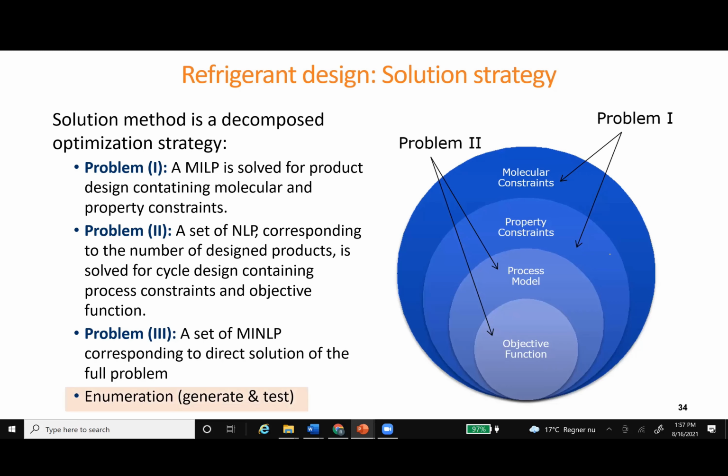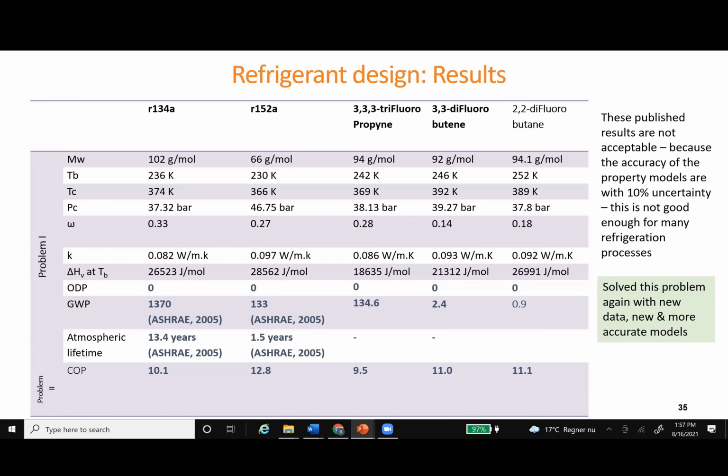And here is the solution of that problem that we set up. So you can see R134A, the values, and then the replacement, let's say similar compounds are R152A, and then the last three columns are other compounds.